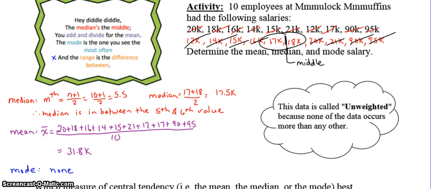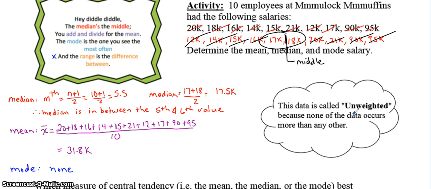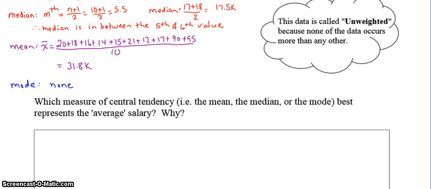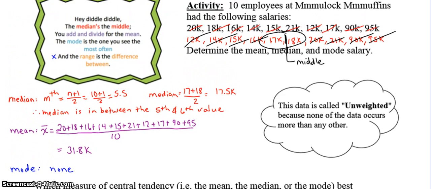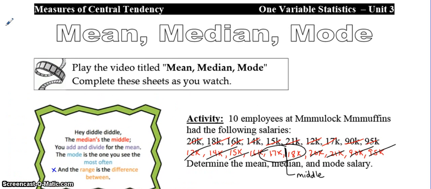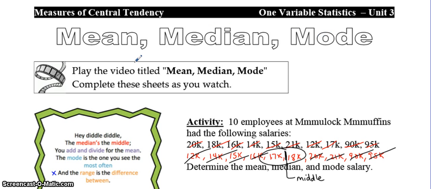When you get into different questions in grade 12, you'll have data that is weighted or is more complicated to use. So if you were to describe the average salary, because average can mean mean, median, and mode. These are all averages.